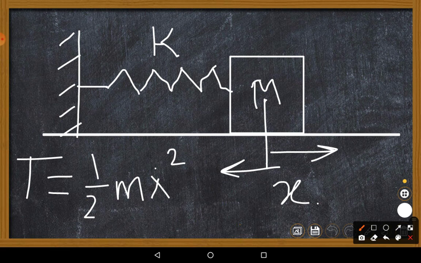There is a reason why I am writing everything in terms of generalized coordinates, because you have seen in the process of derivation of Euler-Lagrange that we are working with the generalized coordinate and not with velocity or any other quantity like force or anything else. We are working with the basic generalized coordinates. So we write T, the kinetic energy of this system, as half m x dot squared. This is the total kinetic energy of the system. What is our potential energy? Well, give it a thought.